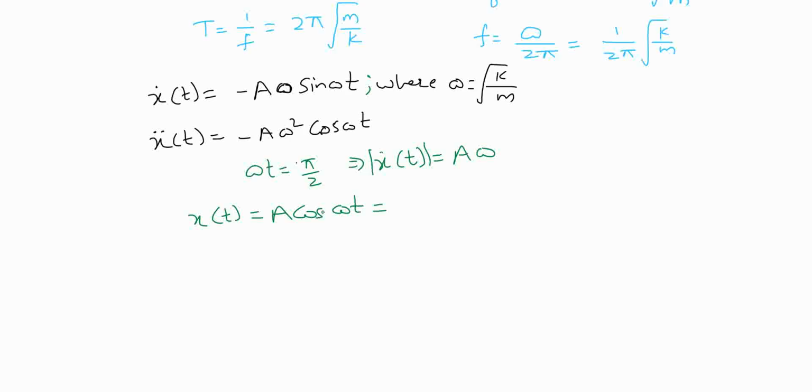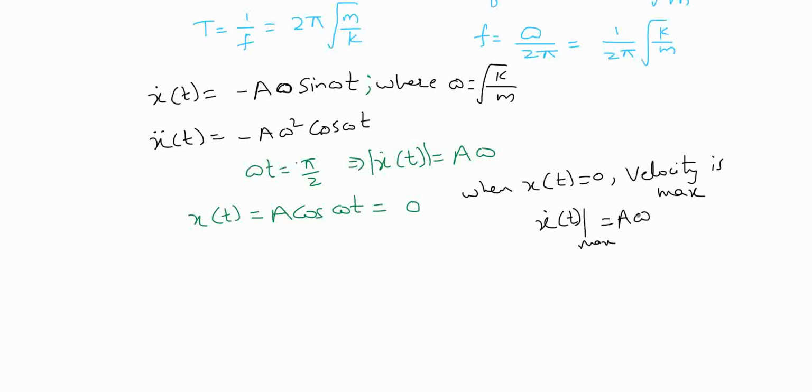Now when omega t is pi by 2, x of t will be 0. So velocity is maximum at equilibrium position. When x of t equal to 0, velocity is maximum and its value is x dot of t maximum equal to A omega.